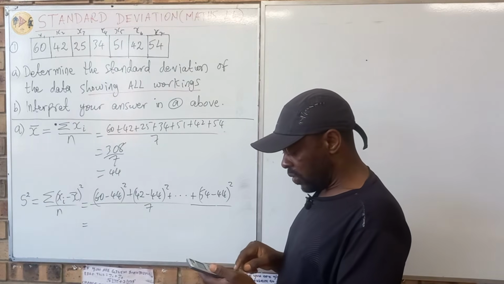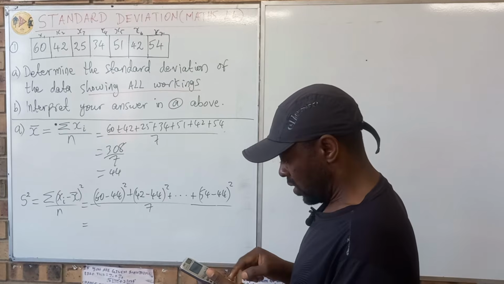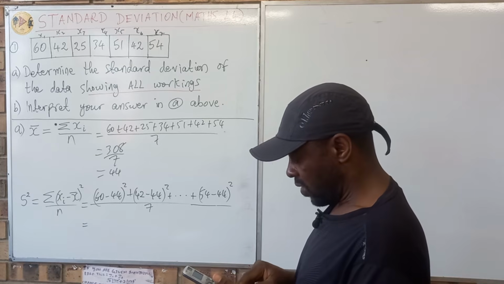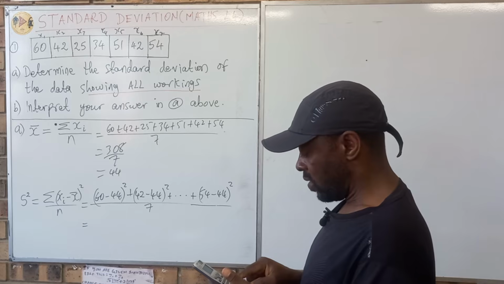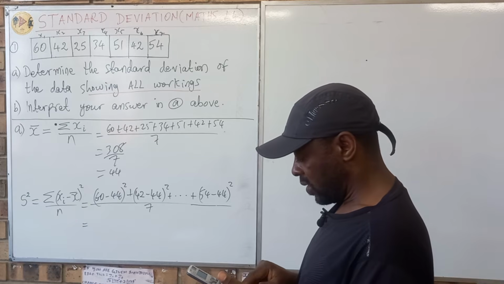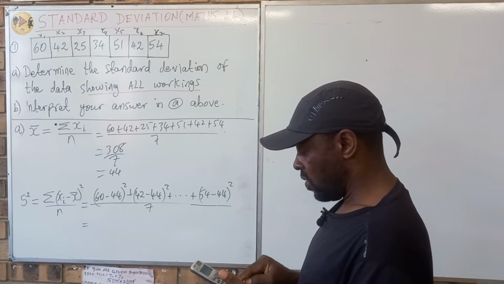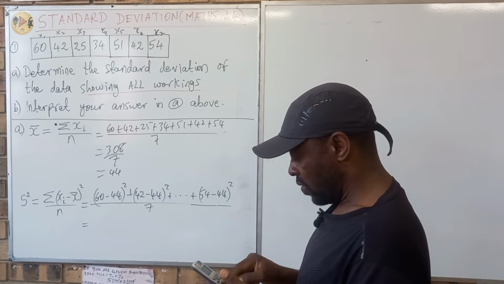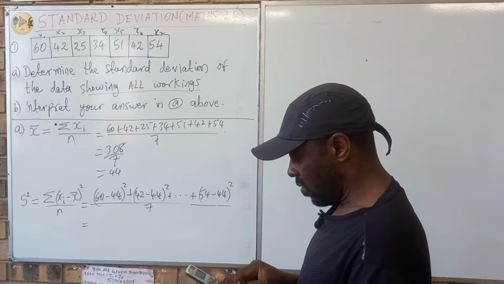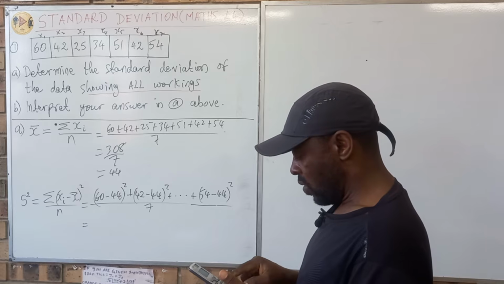We'll take the first entry, 60 minus 44, square it, plus the second entry, 42 minus 44, square it, plus 25 minus 44, square it, plus 34 minus 44, square it again, plus the next entry, 51 minus 44, square it, plus another 42 minus 44, square that, plus the last one, 54 minus 44, we also square it.